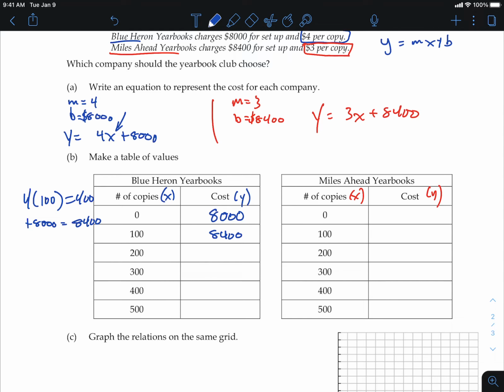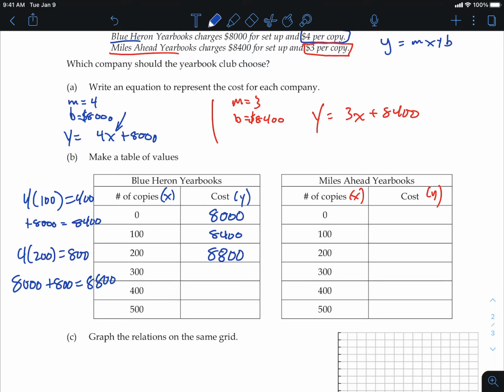So what happens from each y value as you go forward? What's going on to the numbers?